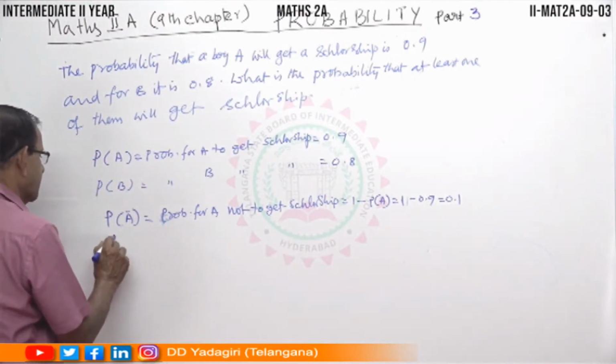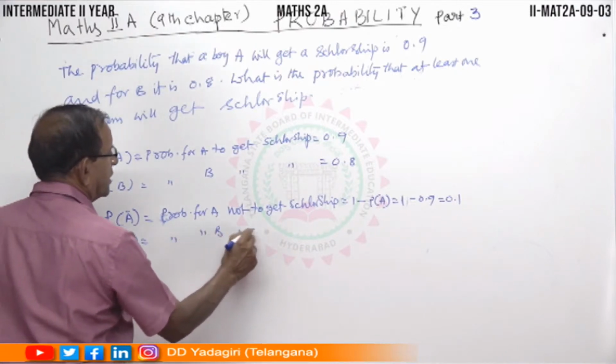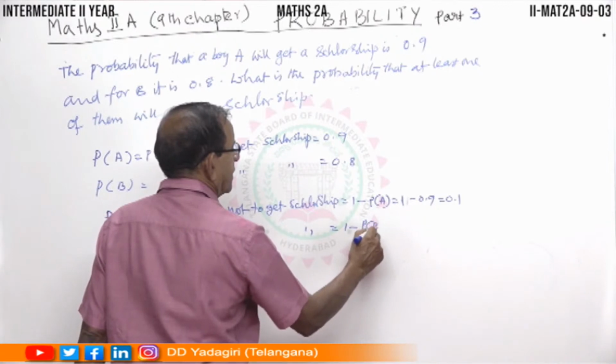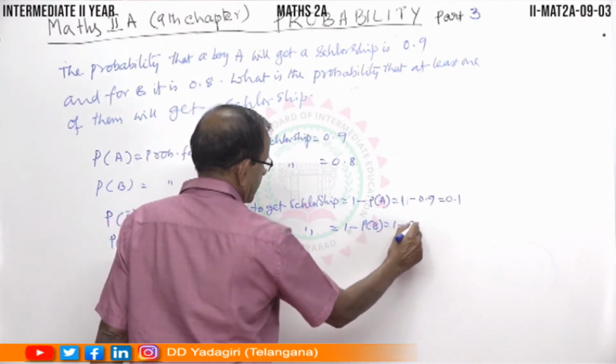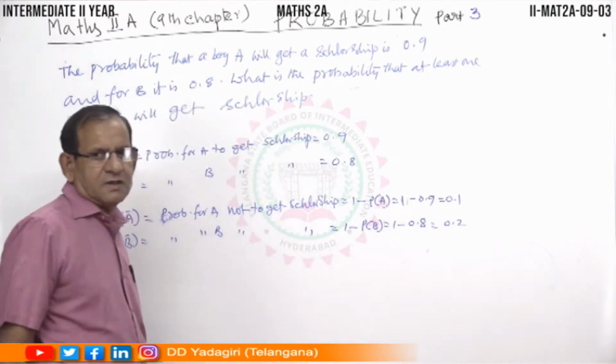P of B bar, for B not to get scholarship, is 1 minus P of B equal to 1 minus 0.8, that is 0.2.